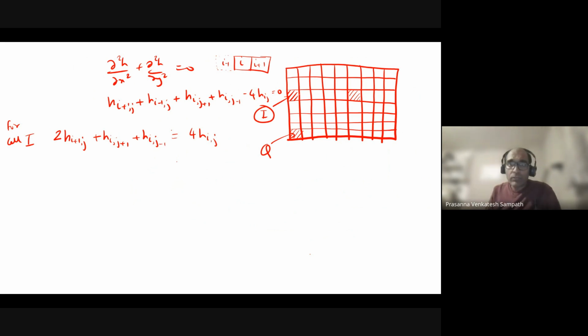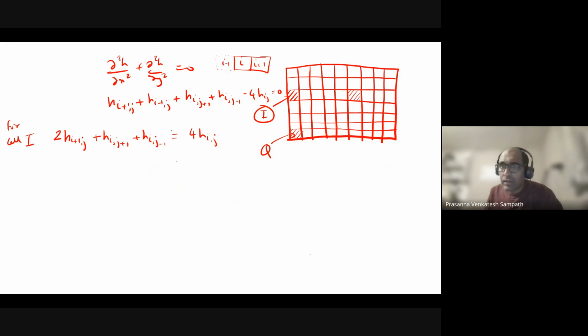I'll have to do this for every cell here. So I've shown you how to handle one particular cell in that column of cells. You will have to do the same thing for every cell in that. Okay, we'll come to the last, the pumping cell also. That's the last thing to do.